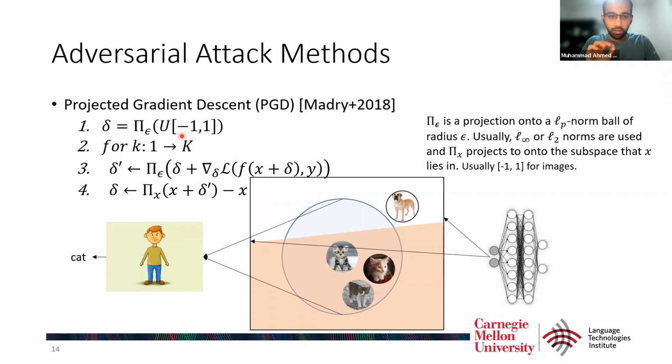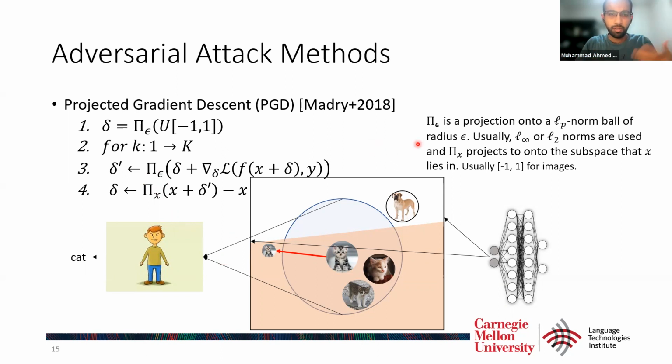But okay, so the adversary is trying to iteratively maximize the classification loss, and at each step, it computes the gradient of the loss and then uses that to update a noise pattern that gets added to the image. So what it looks like is basically this. First, it uses the gradient, takes a step, then it applies a constraint. The constraint is shown by this term here. It's pi sub epsilon, and that constraint is that the perturbation has to be small.